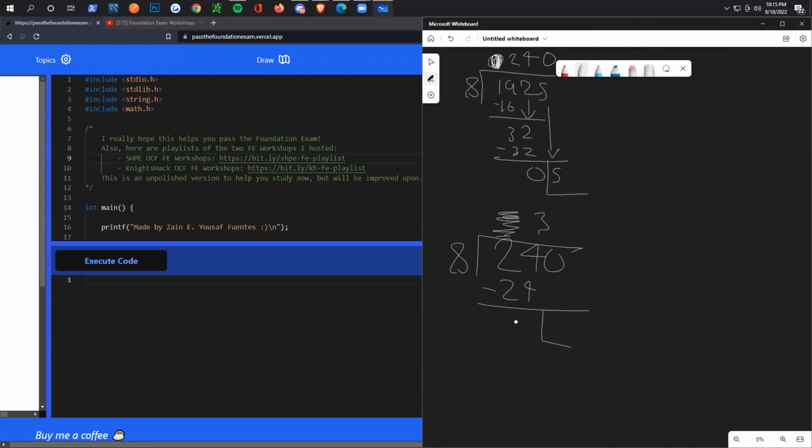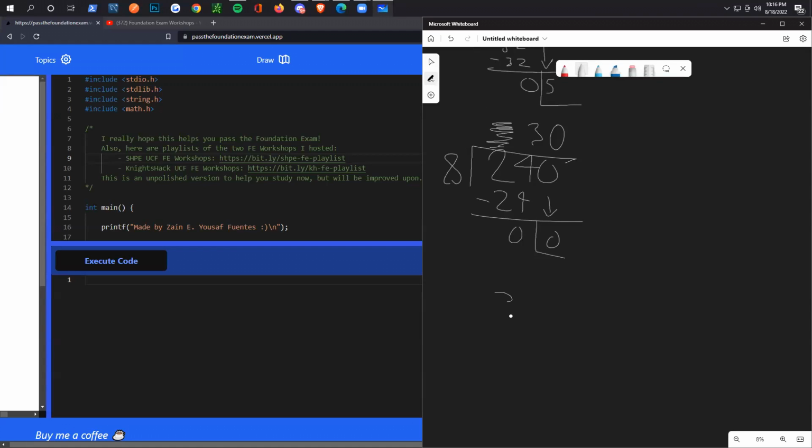And we're going to have 0, bring down the 0, and 8 goes into 0, 0 times. So now we have 30. Now we're keeping track of these remainders again. 30 divided by 8, we know this is just going to be 3. So 24, and we just have a remainder of 6.